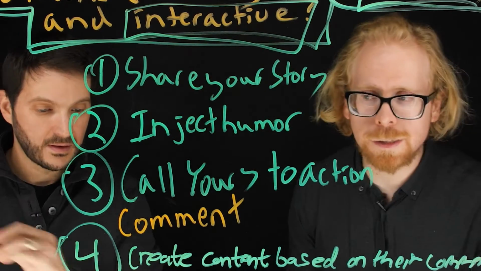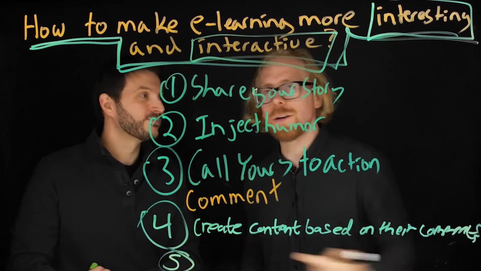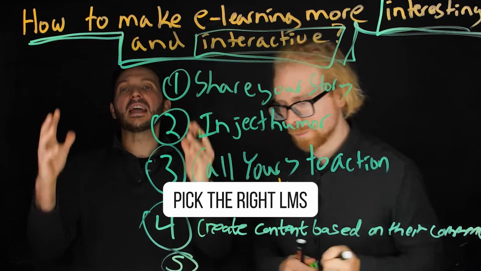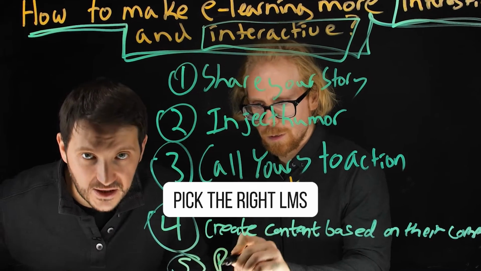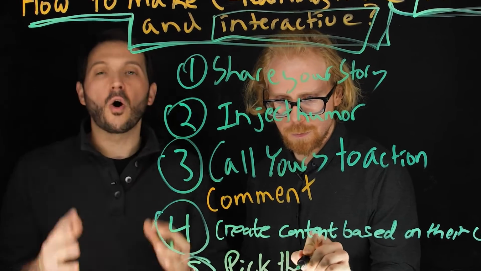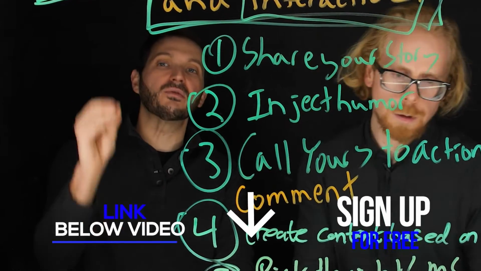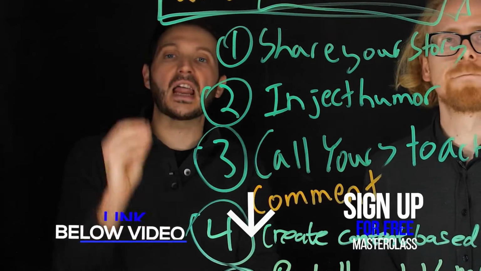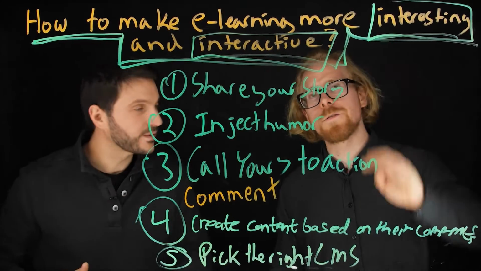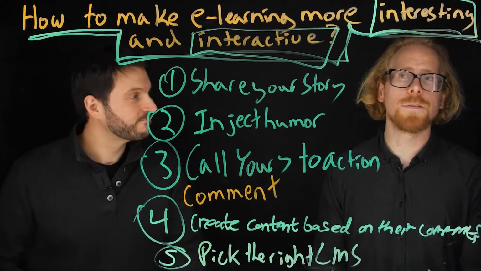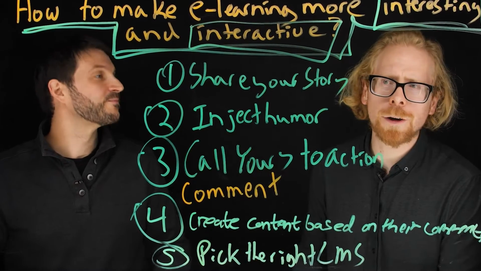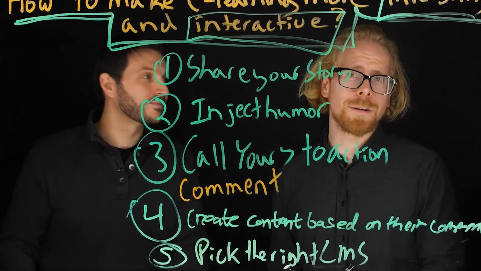And the last thing is, in order to do all of this, you gotta do what, Hector? You gotta pick the right learning management system. Do not get overwhelmed about what is the right system for you. We have a gift for you, linked below, our masterclass that will help you identify that. We go through our 4 favorite LMSs in that gift, and really you just have to figure out which side you are on.